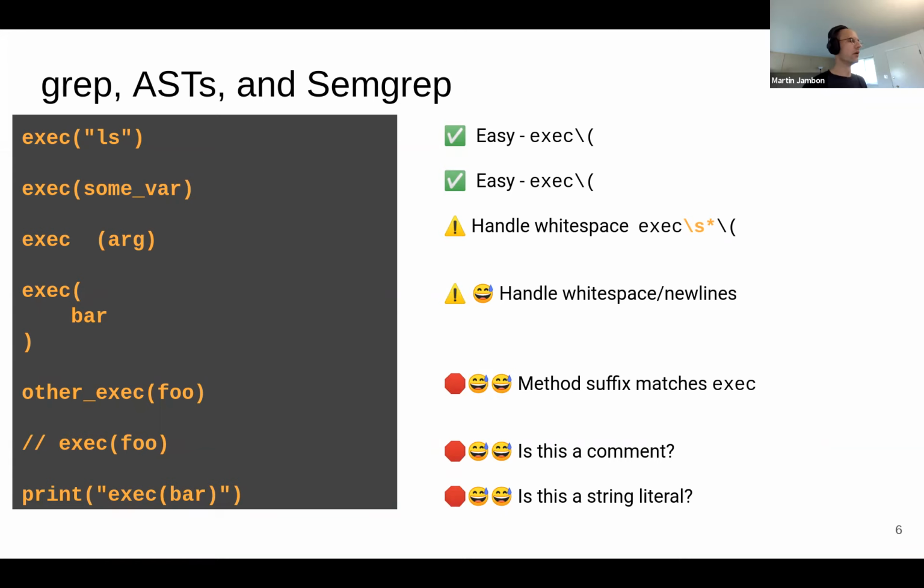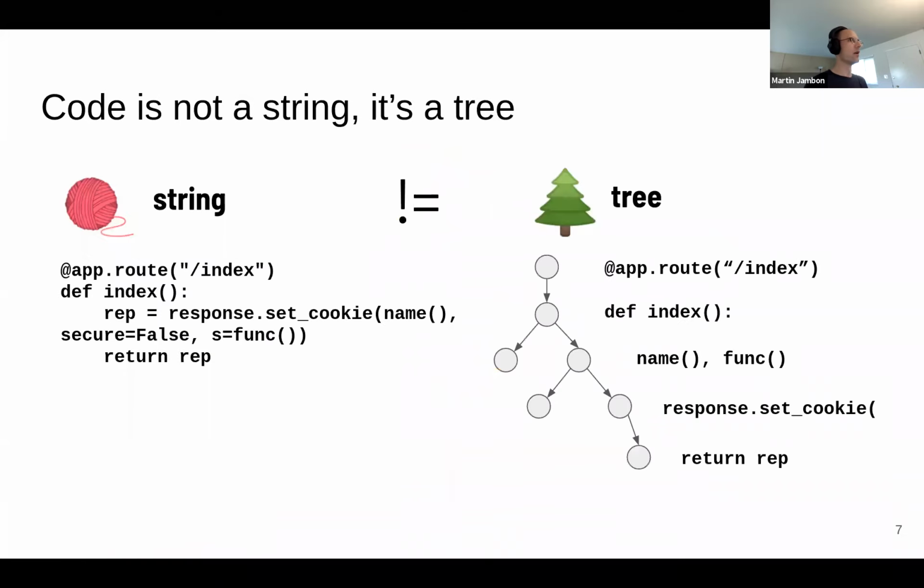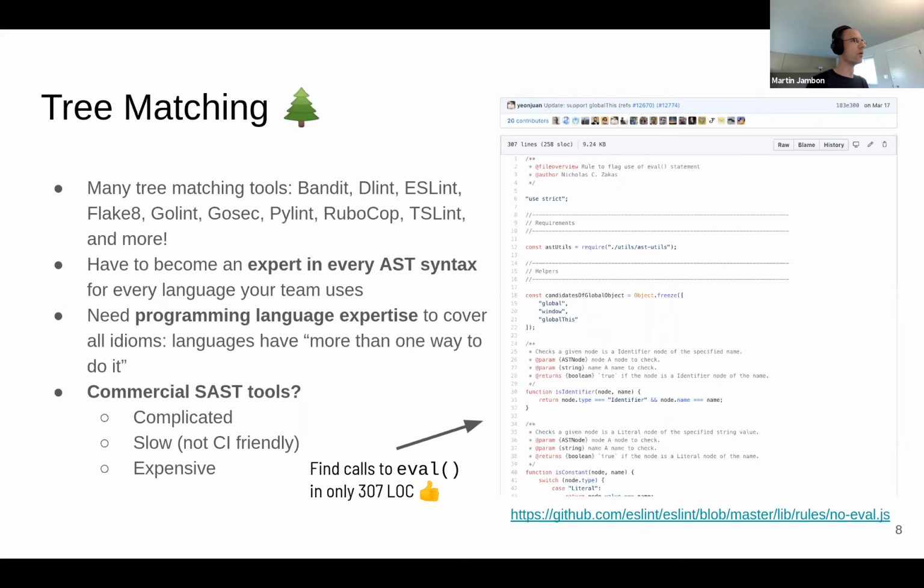So either you are too restrictive, or you have very complex patterns that are brittle, or you catch too many things which are false positives. So that's because grep works on strings, and programs really are meant to be understood as trees. And that's the way we choose.